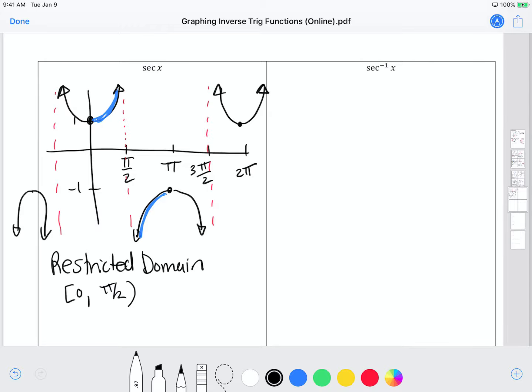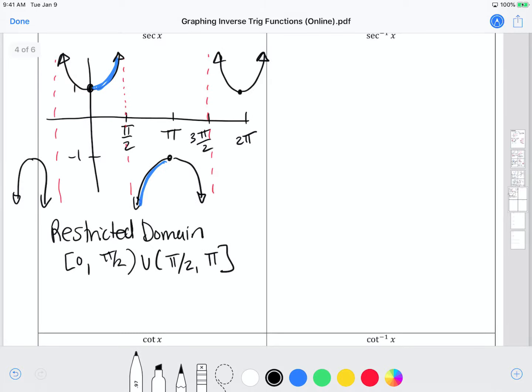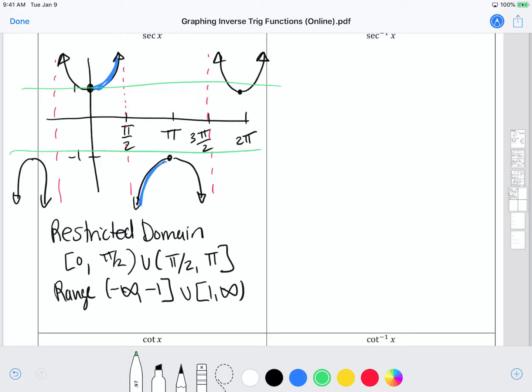Skip over pi/2 because there's an asymptote there, and then pi/2 to pi. And then, of course, the range is -infinity up to -1, and then 1 to infinity, because we have that blank space in between here where there are no values for the function.